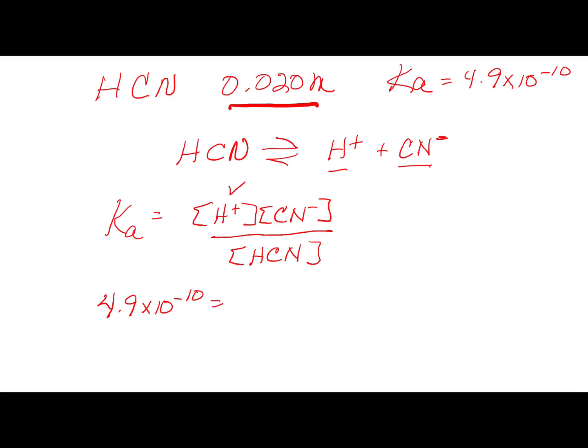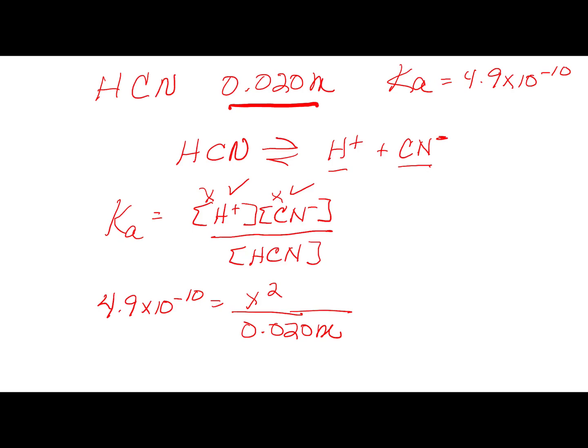We do not know how much of that acid, of that 0.02, will dissociate, and so we're going to make that value x. So this will be x, and the CN minus will also be x. So we're going to say that that is equal to x squared divided by our starting 0.02 molar hydrocyanic acid solution.